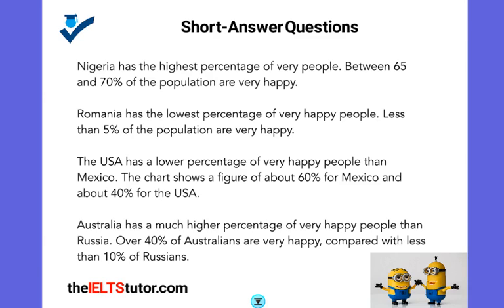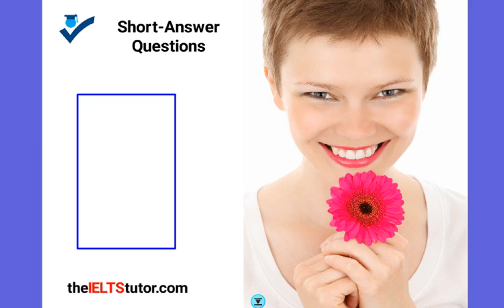Okay, again, before we look at the text, I'd like you to think of factors that could explain why the populations of some countries are happier than the populations of others.